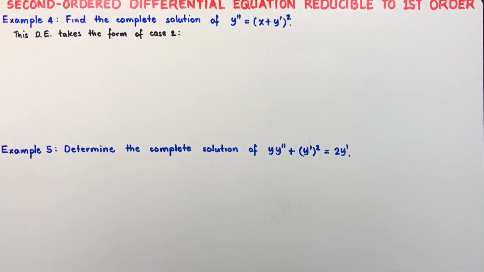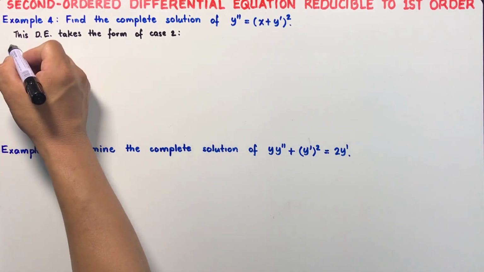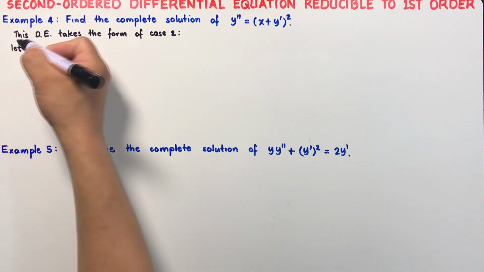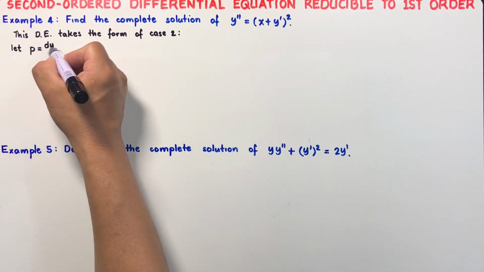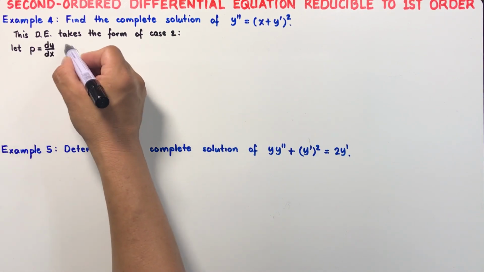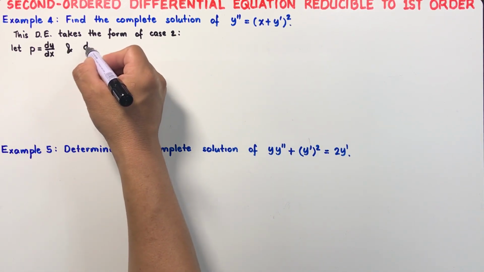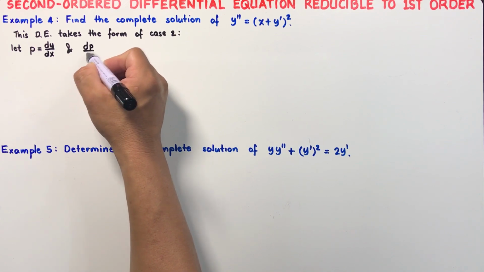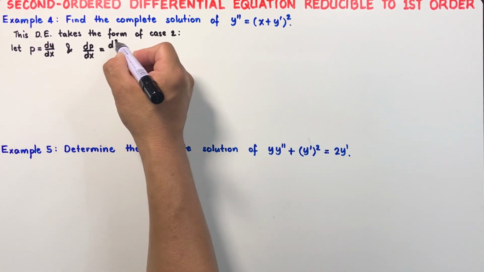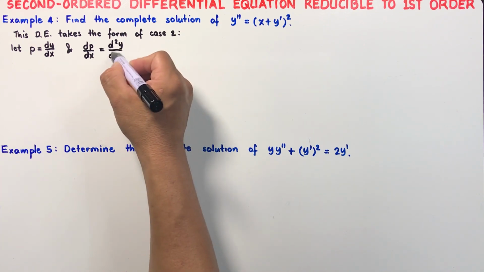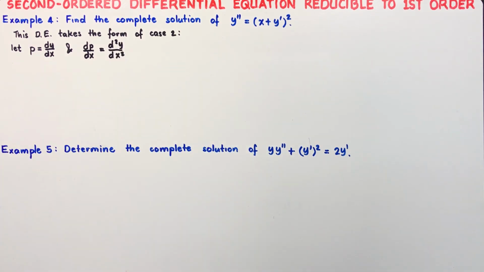Now, since this is the second case, we represent our first derivative of y with respect to x as our p. And if you take the derivative of p with respect to x, this is already the second derivative of y with respect to x.